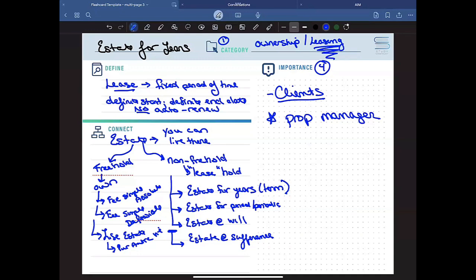Right. So that kind of, and I'm going to call it a sale leaseback, even though that's more of a commercial term. But I think it gives the idea of where you might see this in real life. You want to make sure that that seller, especially if you're the listing agent, or the buyer's agent, has an estate for years.